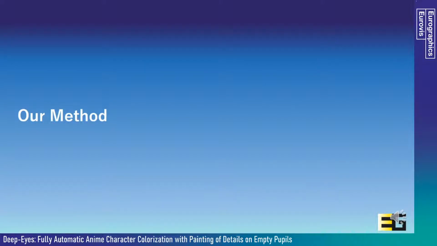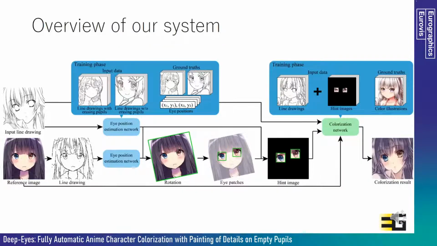I explain our method in this section. This is our system overview. Our system mainly consists of two networks: an eye position estimation network and a colorization network.